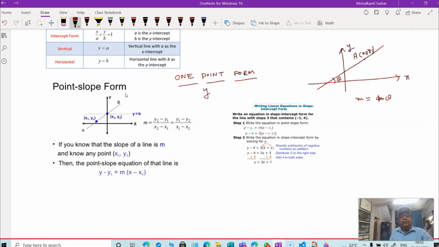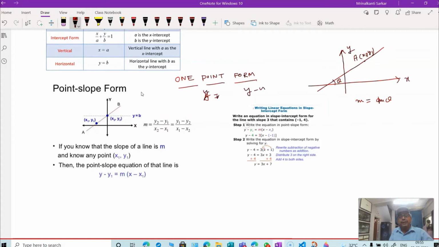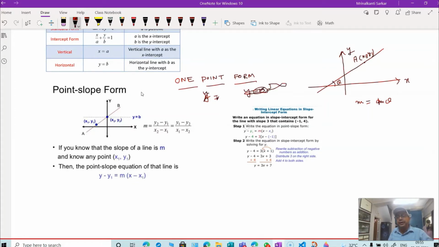Then the equation is going to be, not y equal to, this is going to be y minus y1 equal to m into x minus x1. This can be proved also. In the same manner, when you take a point P(x, y) on it and draw the perpendiculars AL and BM, if this is theta, this one theta, then this part is x1 and this part is x.